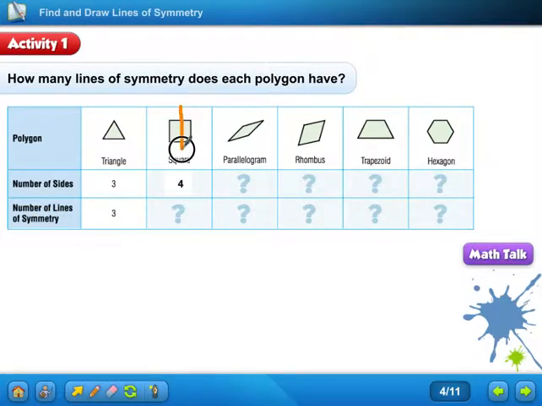Well, we could fold it in half that way, and that will match up. In half this way, that will match up. So that's 2 lines so far. What about diagonally? This side would go over to this side. That would work. And diagonally that way, that would work. So there we have 4.